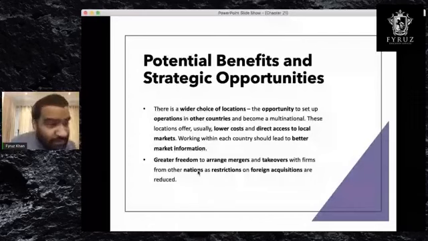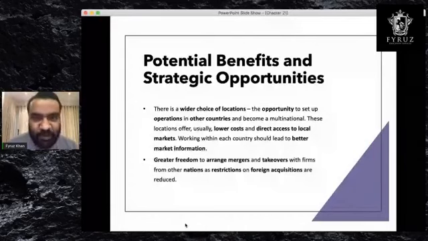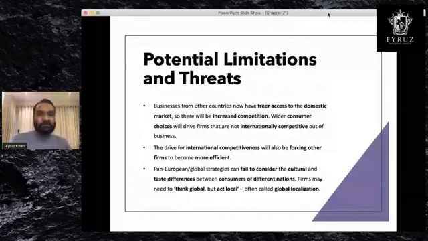You can join together. If I'm not mistaken, for example, Robi Axiata, I think Axiata is a Malaysian company. So you have more access to global markets, and foreign acquisitions. These are some potential benefits.